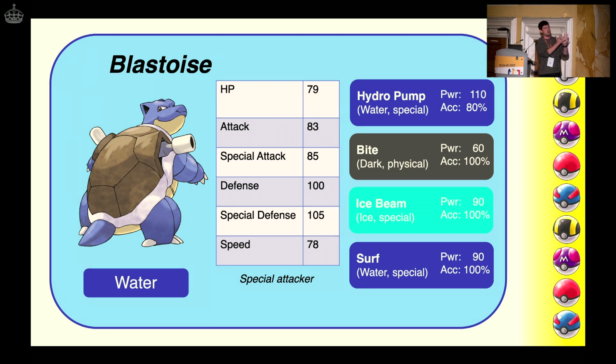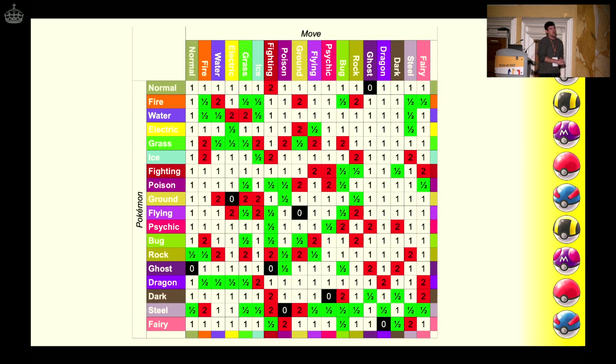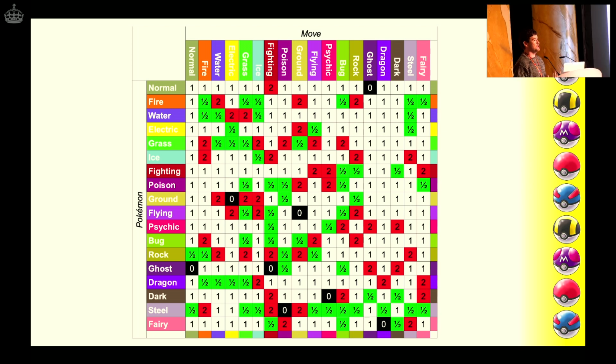Okay? So there's lots and lots of stats associated with Pokemon. And I kept saying that there are these 18 different types, and it determines what Pokemon are weak or strong to different Pokemon. So if you've played Pokemon, you will have seen this table. This is a table of the 18 different types, and it'll tell you how much damage is being done.